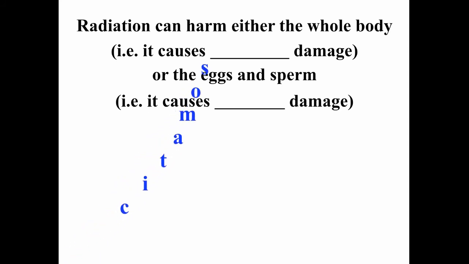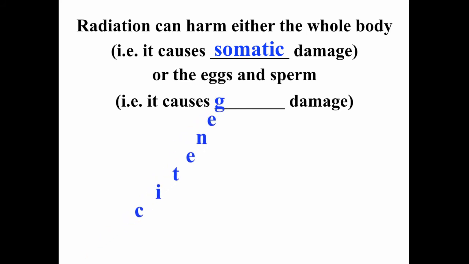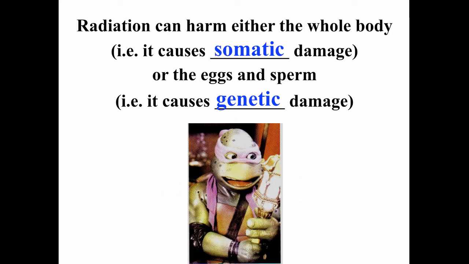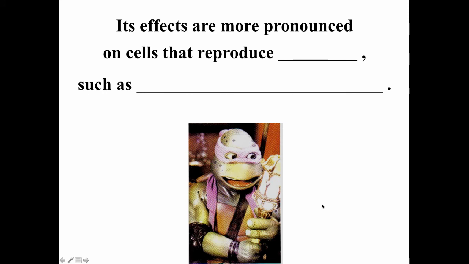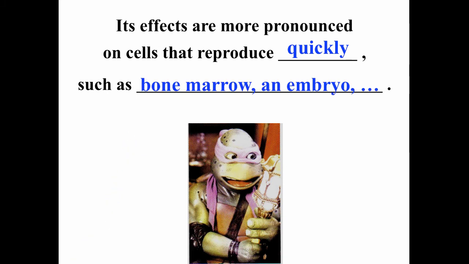Now, radiation can harm the whole body. We call that somatic damage. Or it can harm the reproductive cells, the eggs and sperm, which is genetic damage. It turns out that the effects of radiation exposure are more pronounced on cells that reproduce quickly, things like bone marrow, embryos, hair follicles.